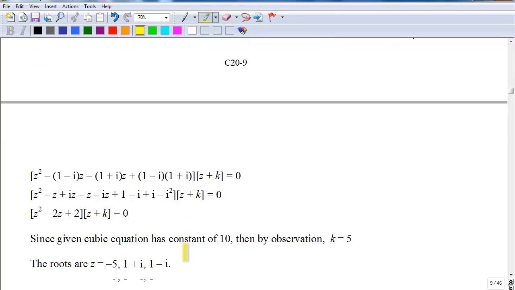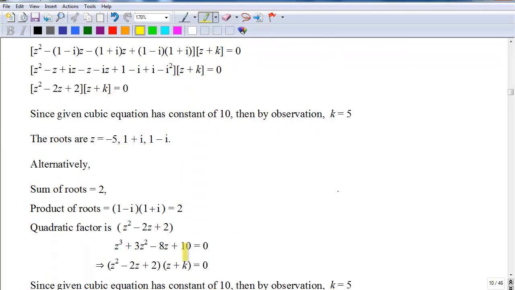Now once I've done that, what I can do is multiply out the first two factors. If you multiply out the first two factors, you're going to end up with z squared minus 2z plus 2. Now because the only constant term that I will get when I multiply this out will be 2k, then 2k must be 10.